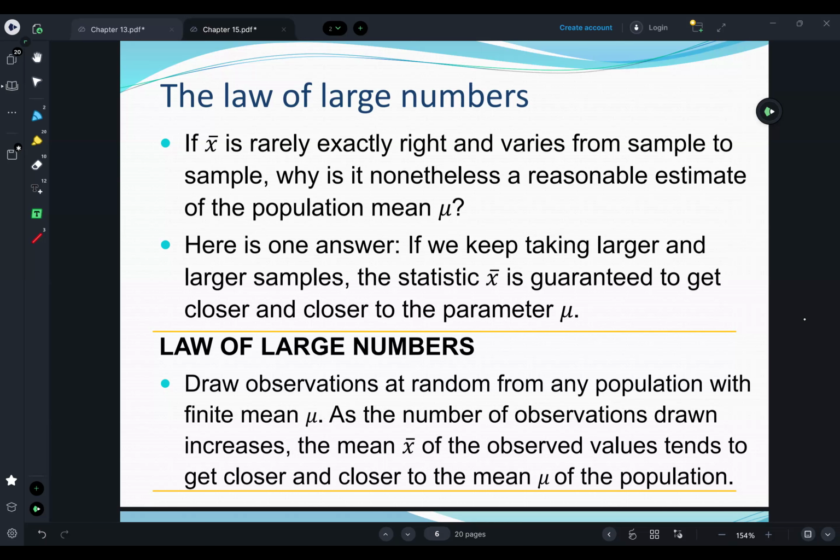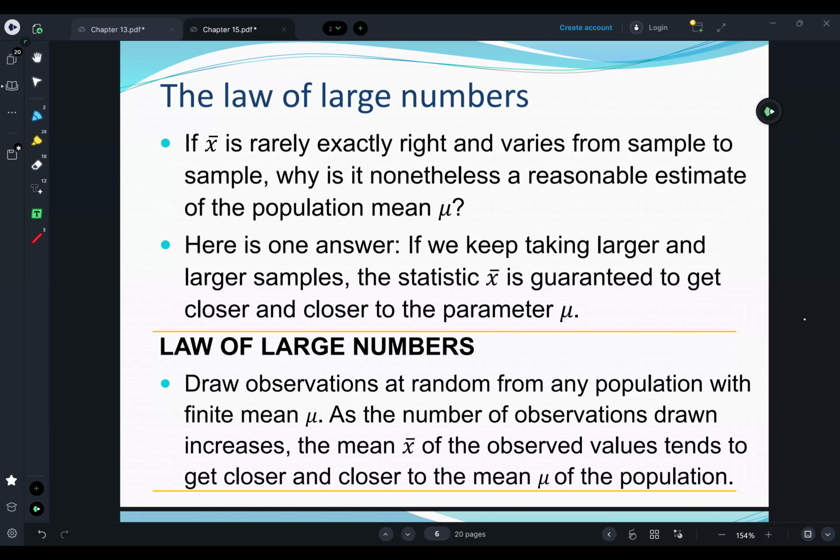Does that make sense? If I add more students to the pool, I'm going to probably get closer to the true average grade, right? If I took just 3 of you, it's just going to be so random. But if I took 4 grades and 5 grades and 6 and 7 and 8 and 9 and 10 and keep on going and get close to 30, then I'm going to get more accurate. And that is the law of large numbers.